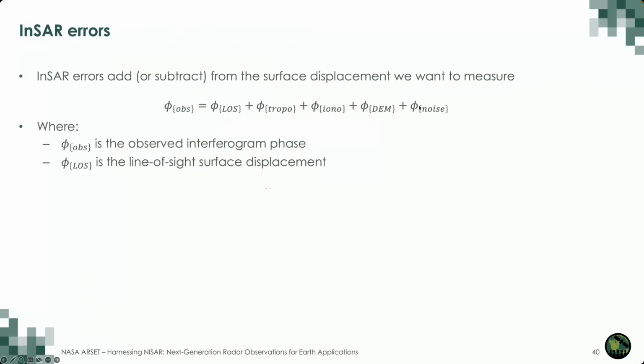And then there's this noise term, which is basically that decorrelation. These phases are added together. The noise is random, so we can't subtract it out. We have an ionospheric correction layer in NISAR and a tropospheric correction layer in NISAR, so we can subtract out both of these effects and get back the line of sight displacements that we want to measure.